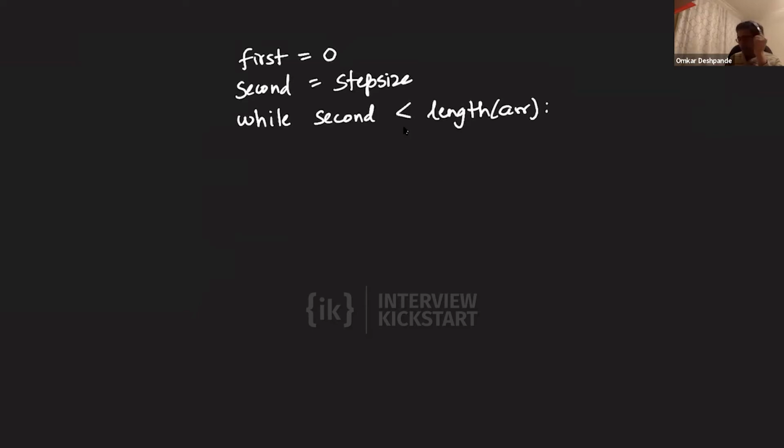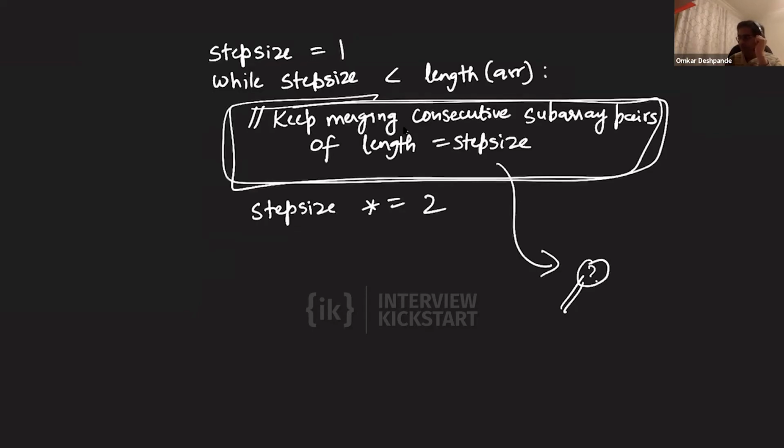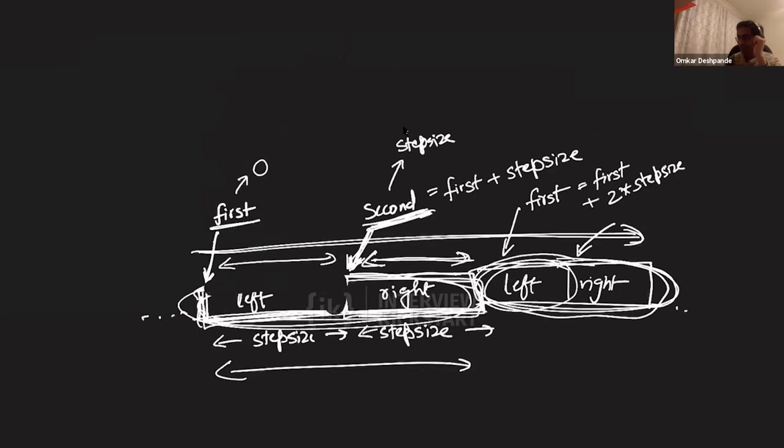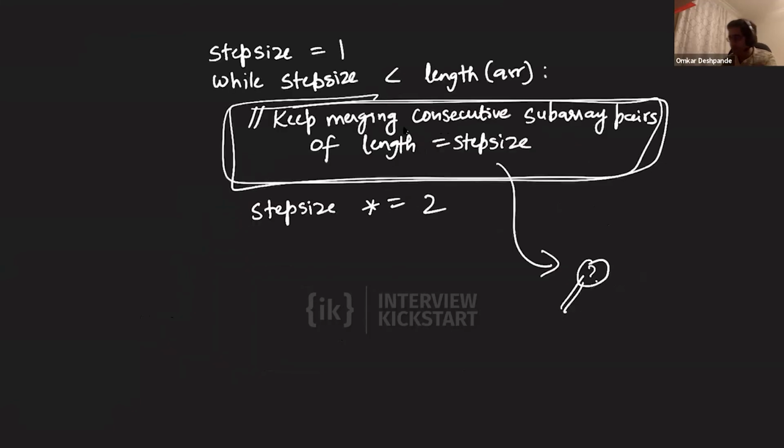What are we going to do? We have to do the work of merging together these two subarrays into a bigger subarray. We'll do the same thing: we'll have an i pointer and a j pointer.